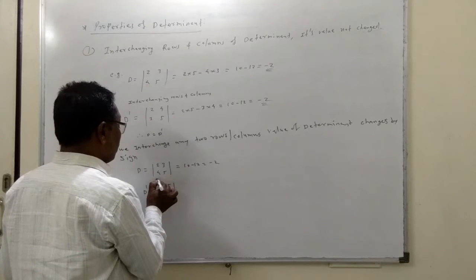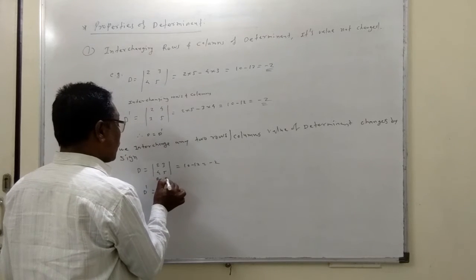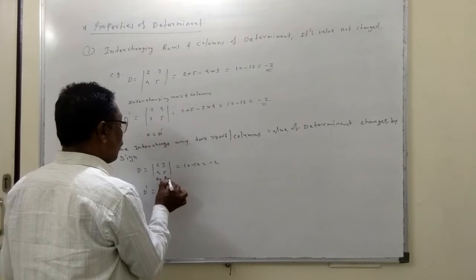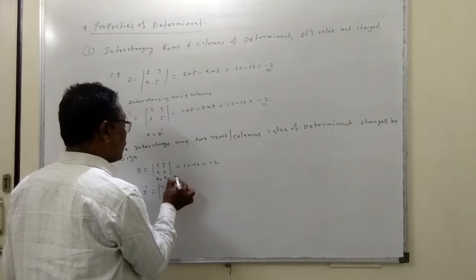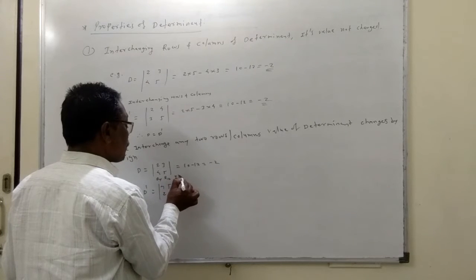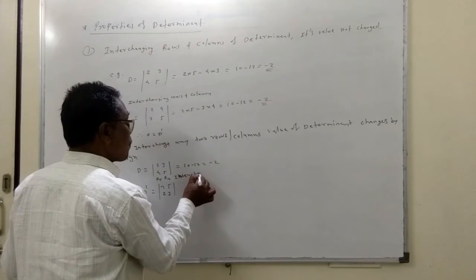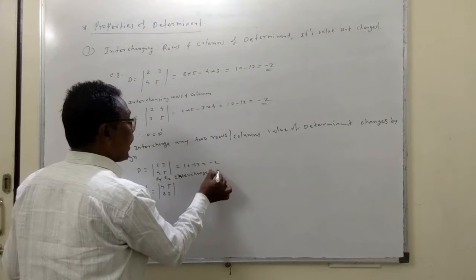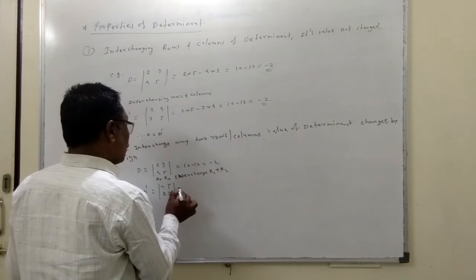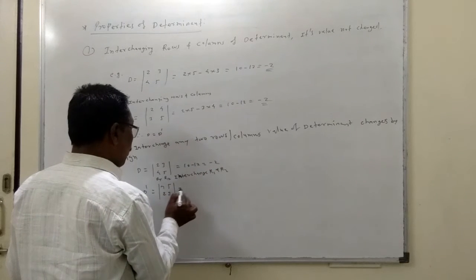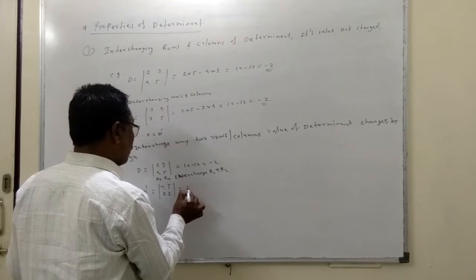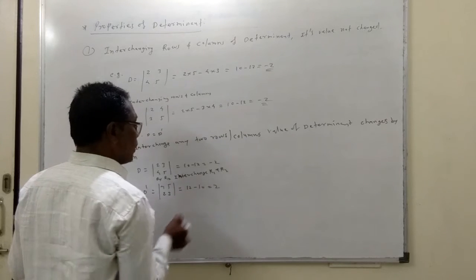By interchanging R1 and R2, this value will be 4 into 3, 12 minus 10, so 2 is coming.